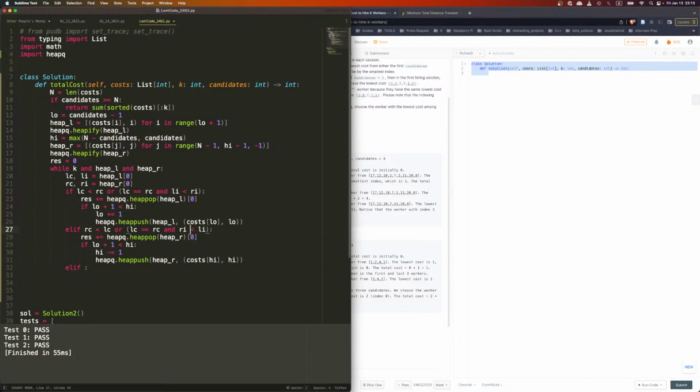And it's not possible for these to be the same, so we just need these two situations. Then I can just say else, because either this has to be larger than this, or they're the same but this index is larger than this.